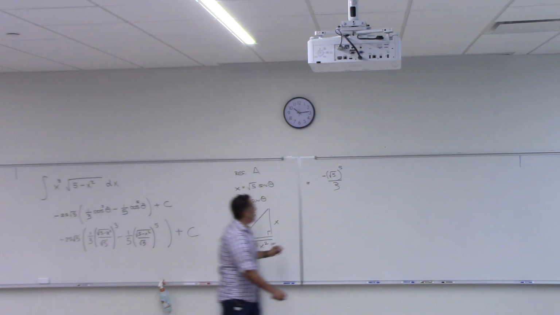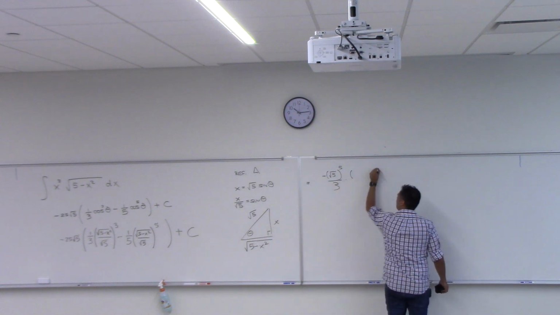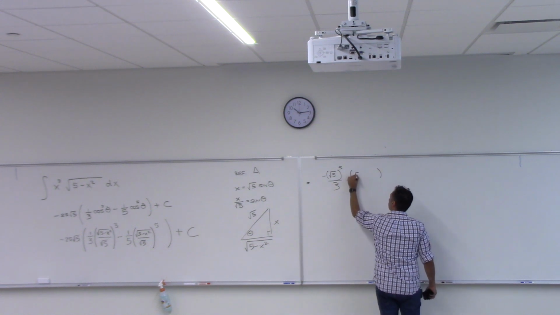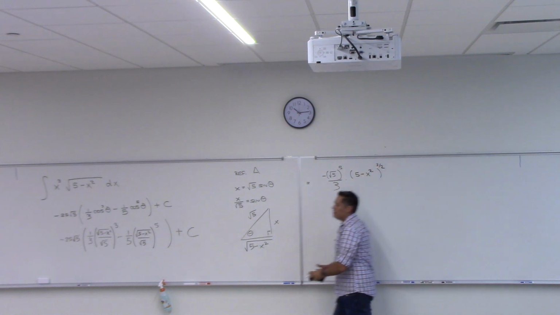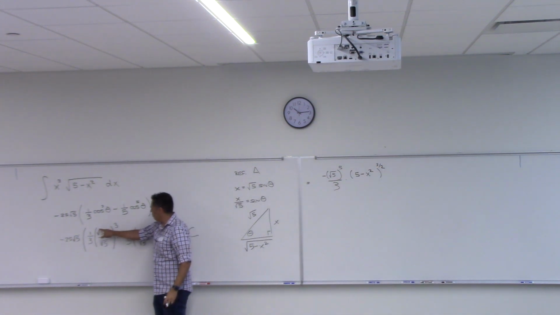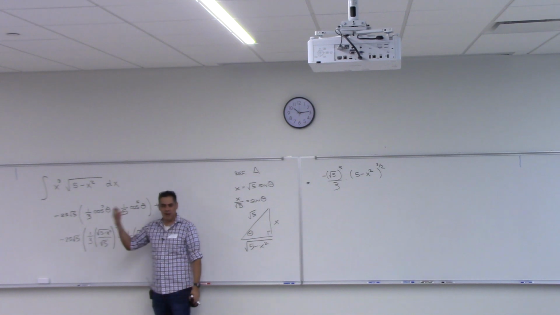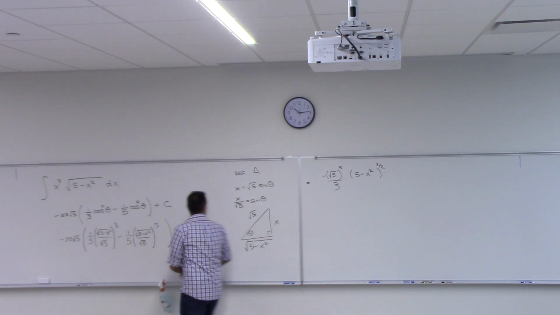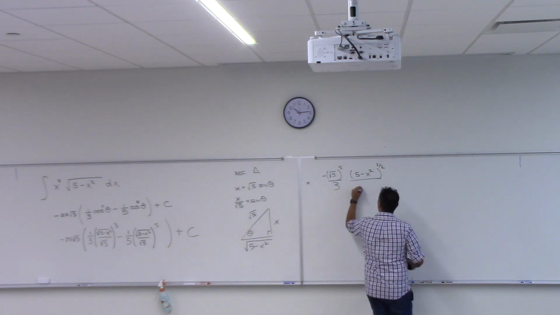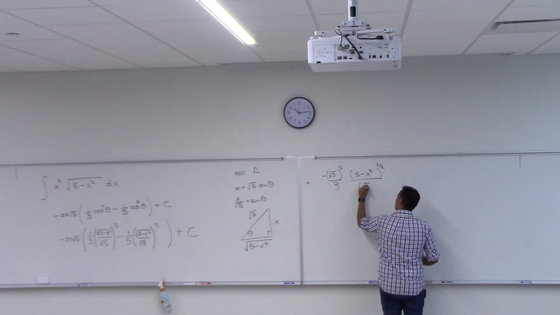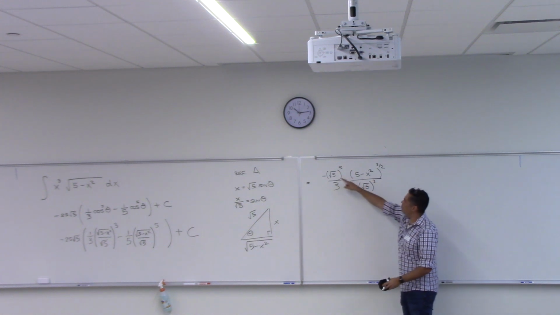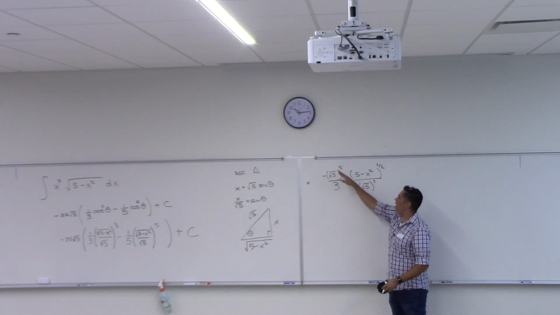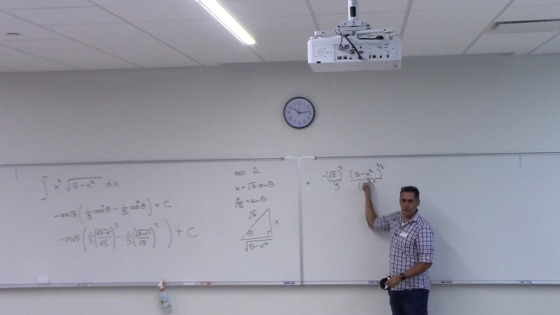When I cube the top, it's the same as taking 5 minus x squared and raising it to the 3 halves. Because this is a square root, and you cube a square root is the same as raising it to the 3 halves. And then on the bottom, I'm going to cube the root 5. And the reason why I went back to this? So I can start subtracting powers.